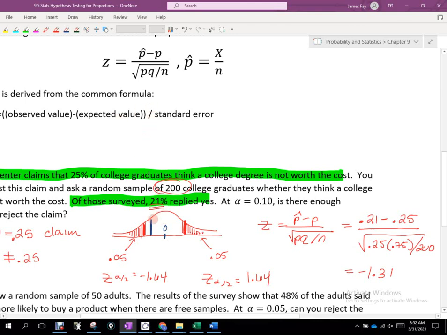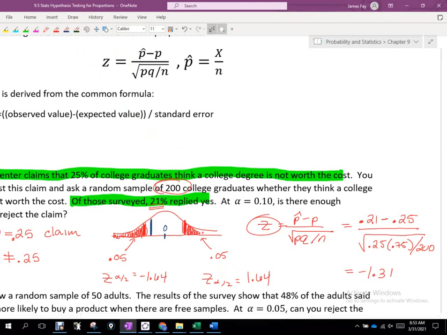The red region was the rejection region, right? Did this blue value that came from our data fall in the rejection region? No. So can I reject? No, we would fail to reject.